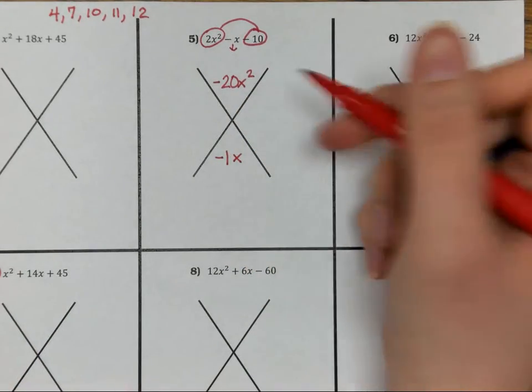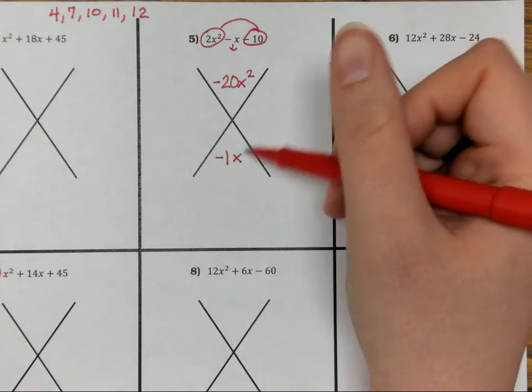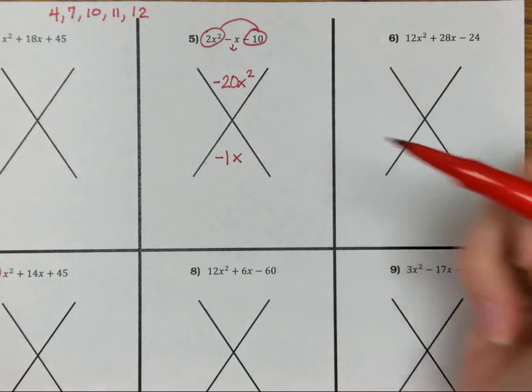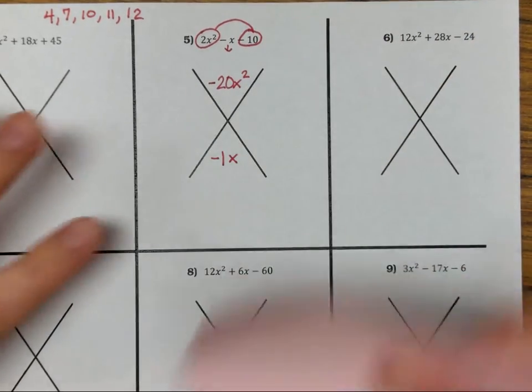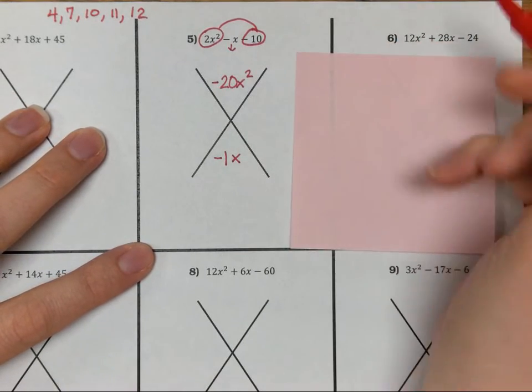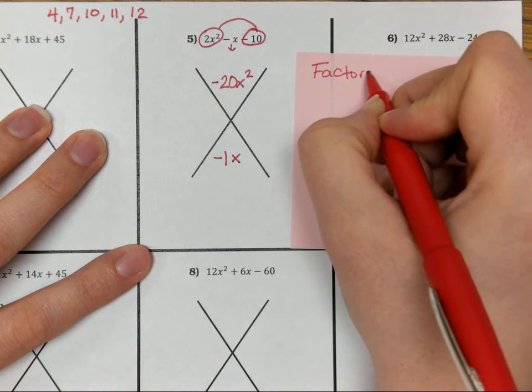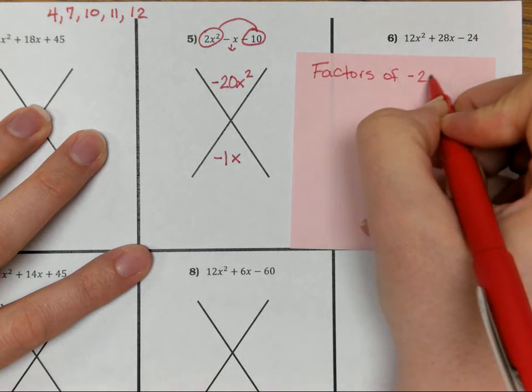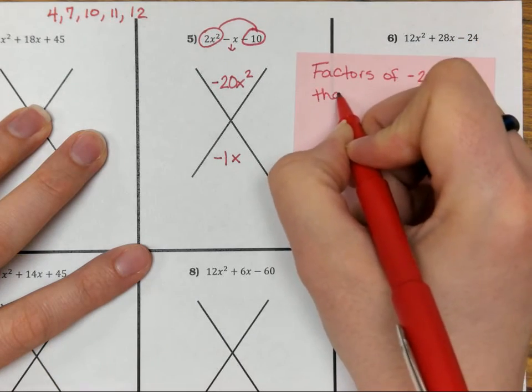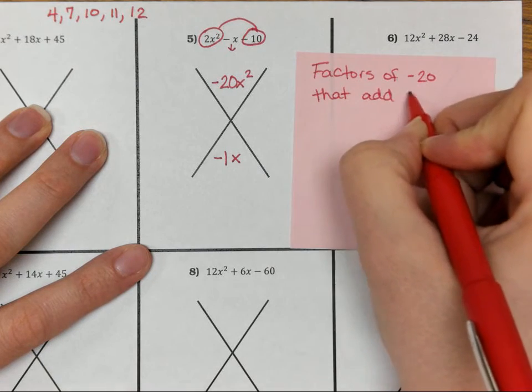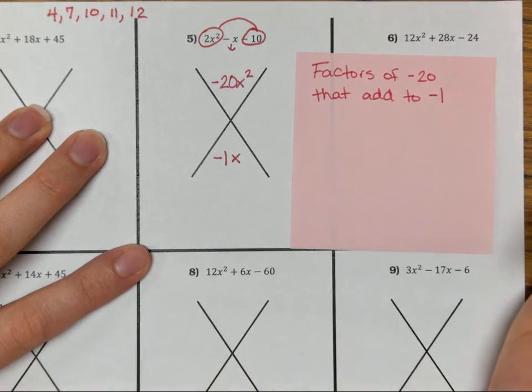Up to this point, all of our top numbers have been positive. We still do the same process for if I have a negative number, but I wanted to show you what the factors look like because sometimes they're a little different. So I need factors of negative 20 that add to negative 1.